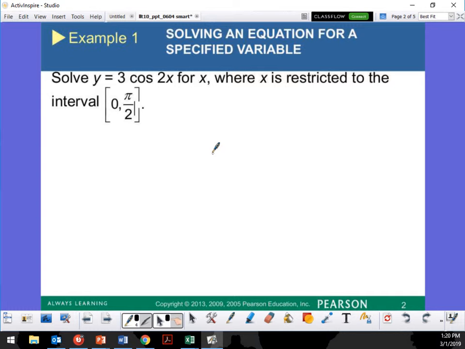Because the bracket means it could equal pi over 2. Bracket says it could equal pi over 2, right? Parentheses means it's not equal to.